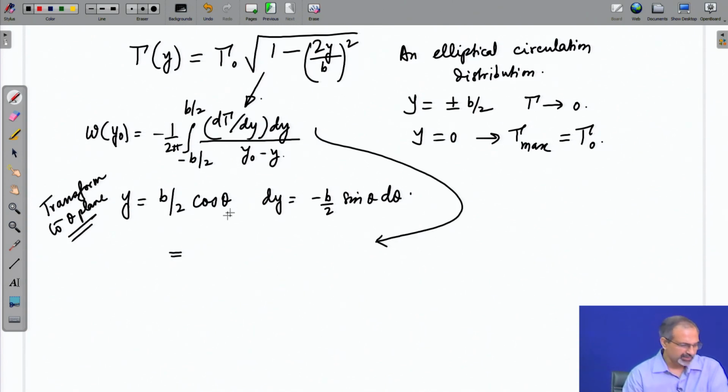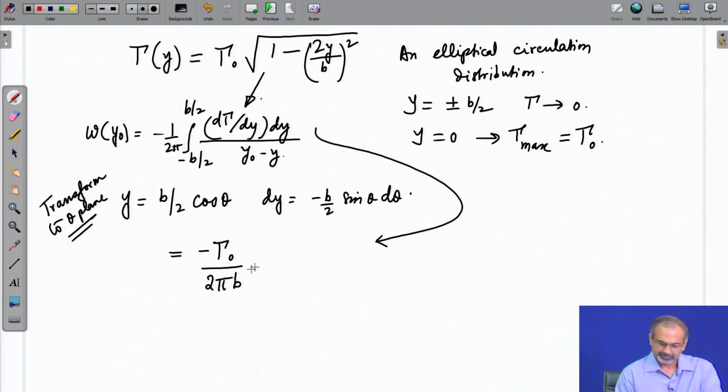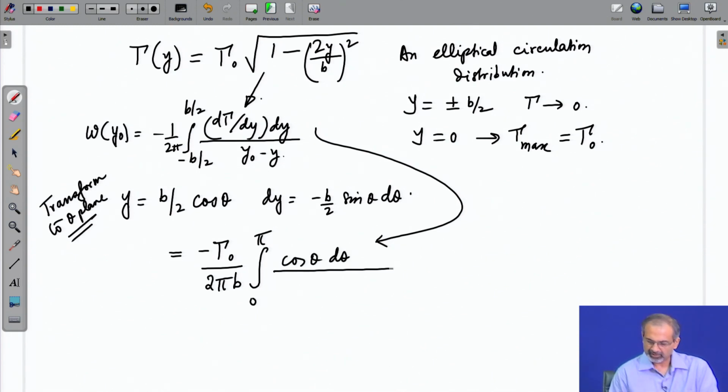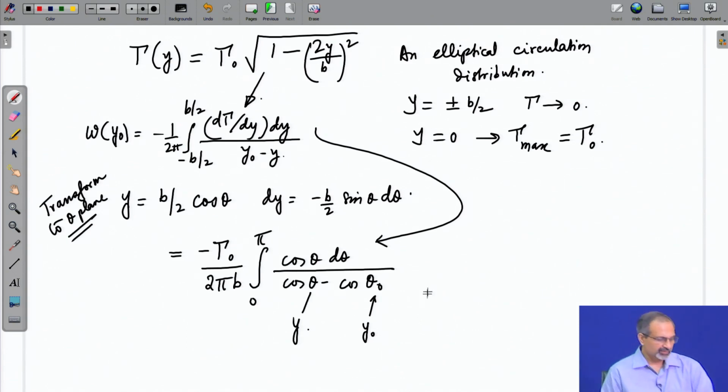Once you transform it, it will look more like this, minus gamma naught by 2 pi b. Look at the limits of integration, it changes from 0 to pi cos theta d theta by cos theta minus cos theta naught. Remember that theta naught corresponds to y naught, theta corresponds to y. This is the mapping.